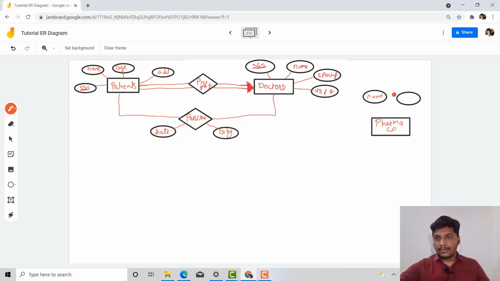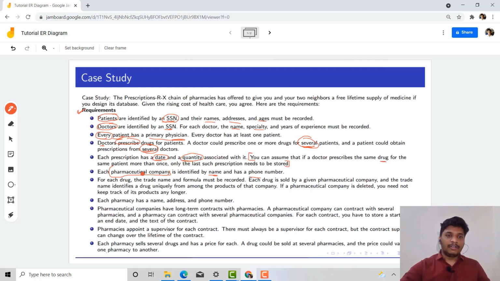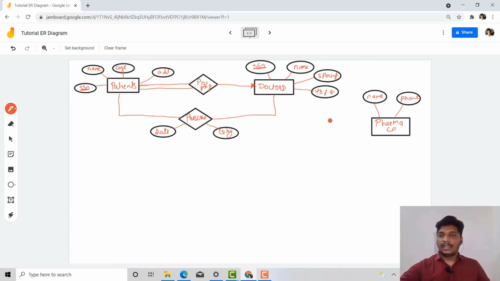So we need to link these attributes to the entity, and here pharmaceutical company is identified by name. So name is a key here.